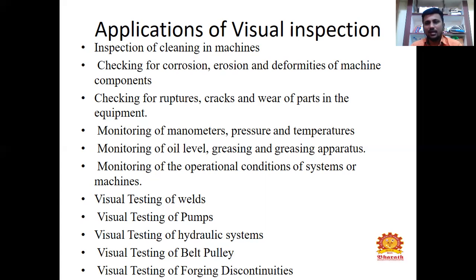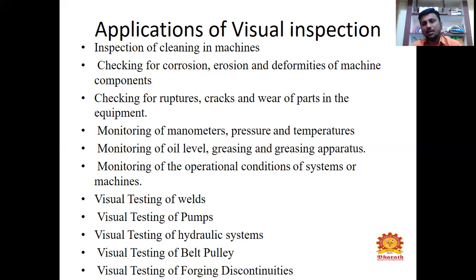Okay, already we told the differences between NDE or NDT and DT methods. When we apply load in the DT method, we are not applying any load in the NDT method. So deformation or structure change does not happen in the NDT method.